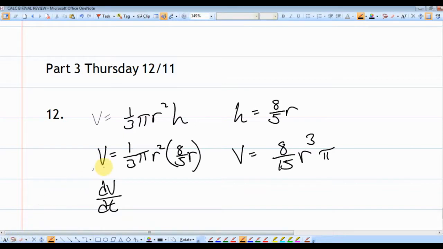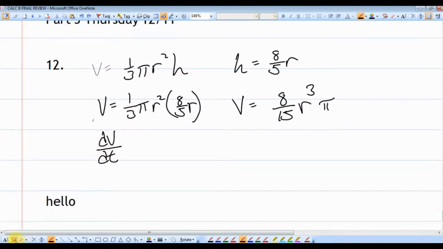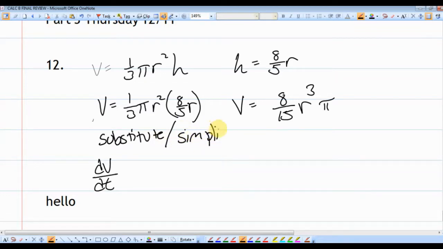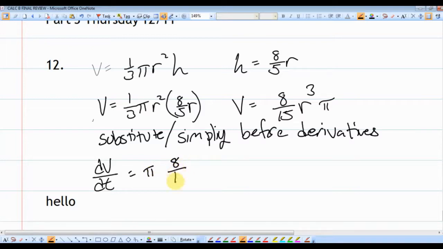Very key point here: substitute and simplify before taking derivatives. So dV/dt is equal to pi times 8/15 times 3r squared times dr/dt.